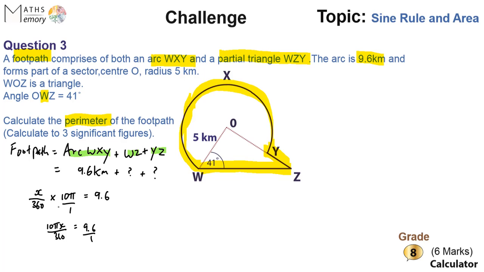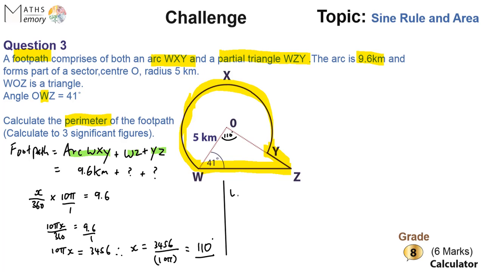Again, we can cross multiply, and 10 pi x would simply equal 3456. If we divide this now, x would be 3456 over 10 pi in brackets, and if we do that, we get an answer of 110 degrees. So this would be 110 degrees over here.